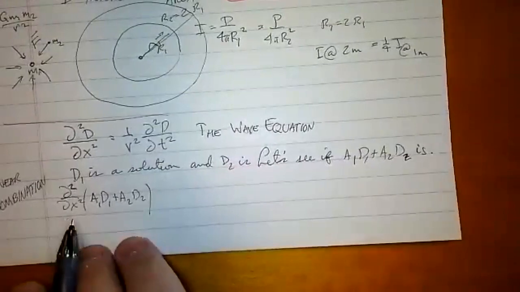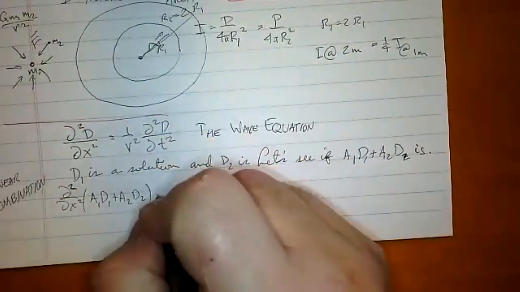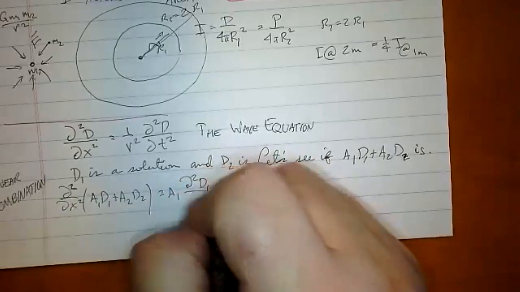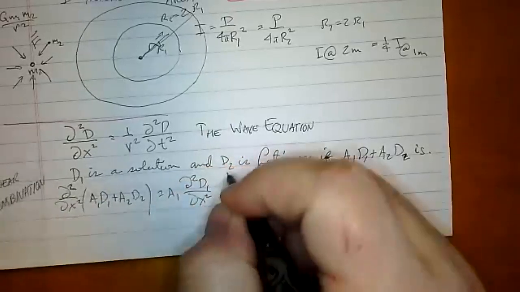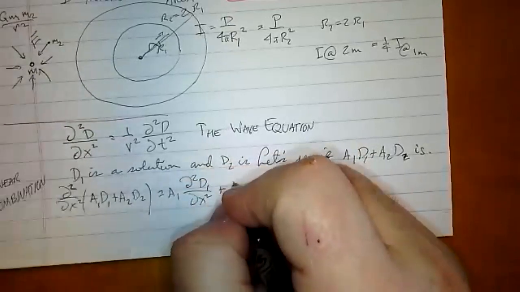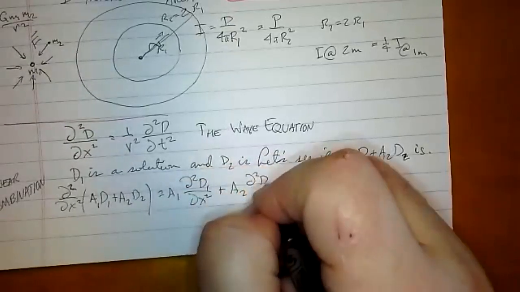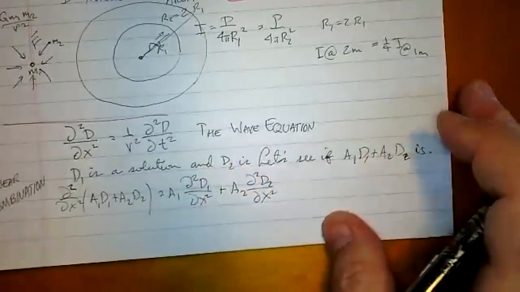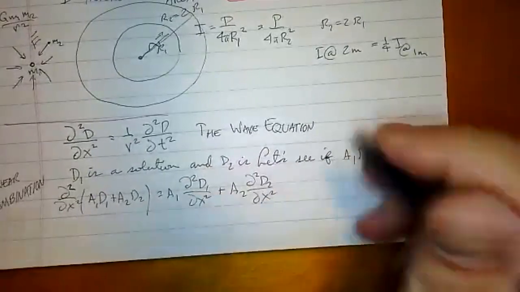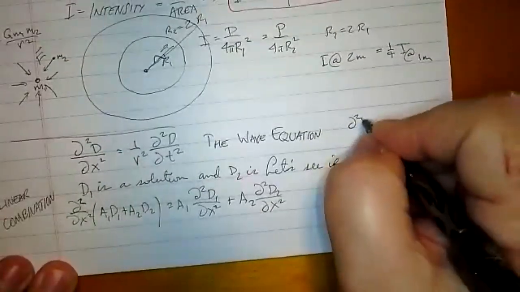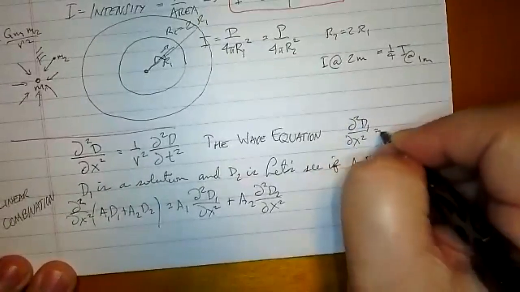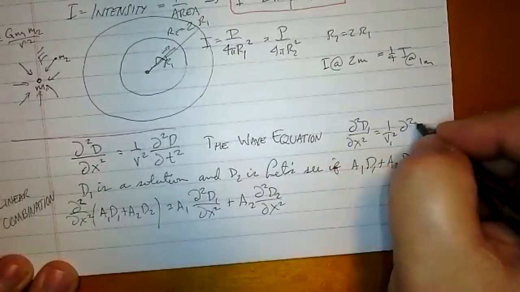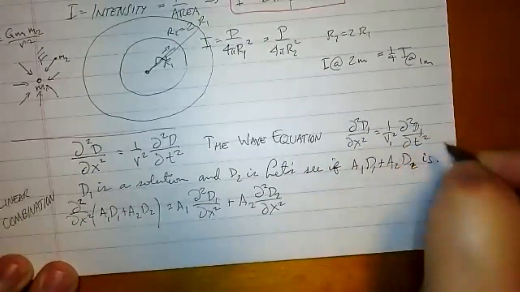So when I take the derivative of this, A1 is just a constant. So I get A1 times the second partial of D1 with respect to x squared plus A2, which is just a constant again, times the second partial of D2 with respect to x squared, right? Well, I already know D1 is a solution. Specifically, the second partial of D1 with respect to x squared is equal to 1 over V1 squared times the second partial of D1 with respect to time squared.